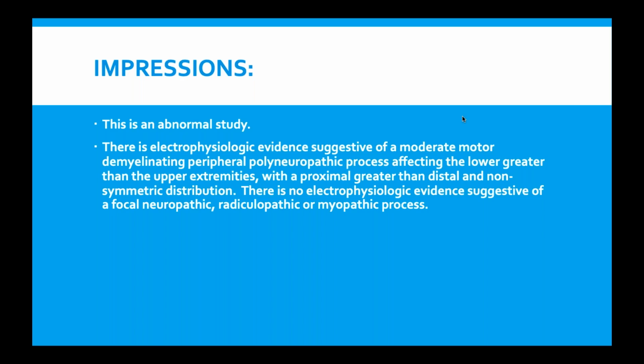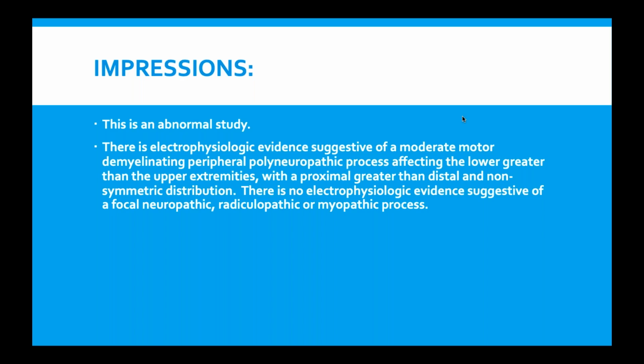One of the nerves on the left side was normal, the left tibial, so it was kind of non-symmetrical. There was no evidence of a focal neuropathic or radiculopathic or myopathic process.